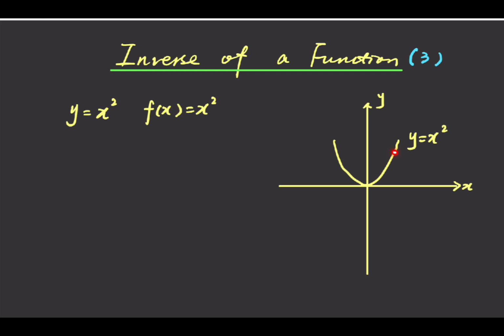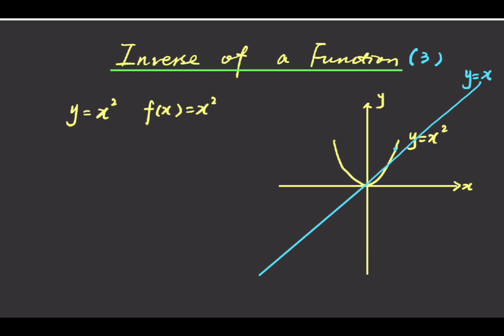That you say, on the original function, (x, y) should be (y, x) on the inverse of this function. So every point we need to figure out its reflection in the line represented by y equals x.